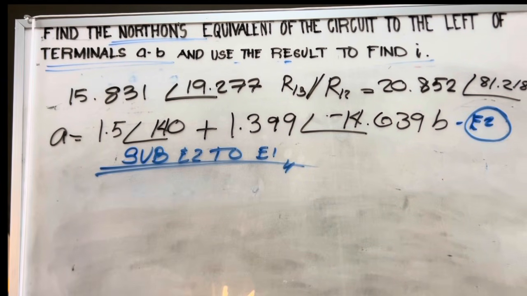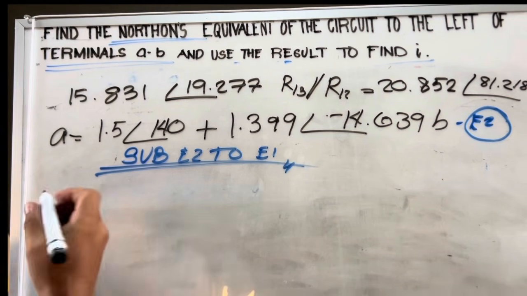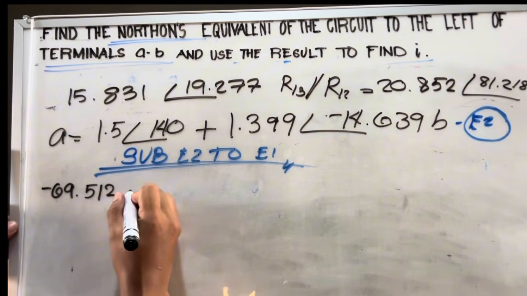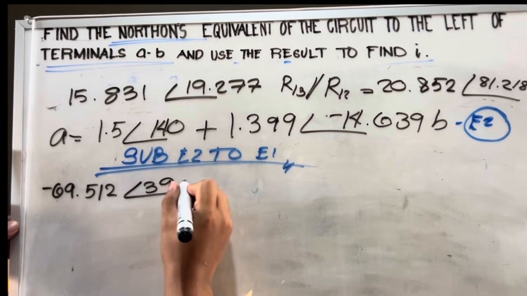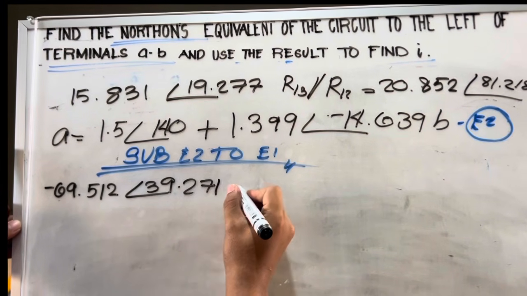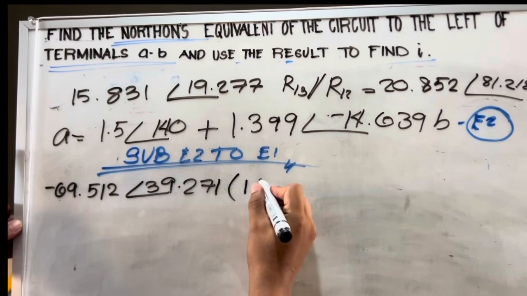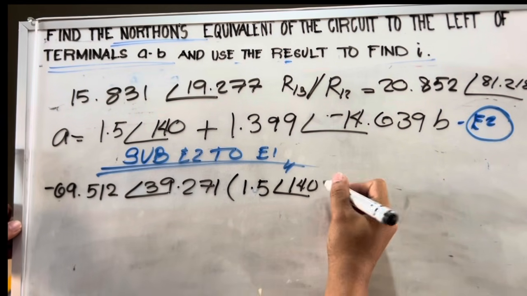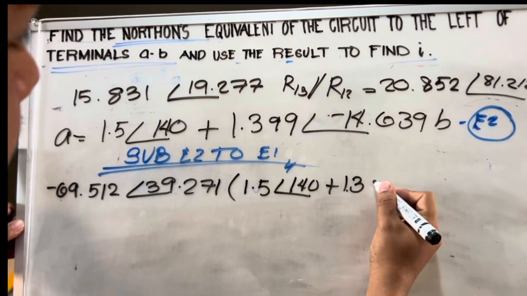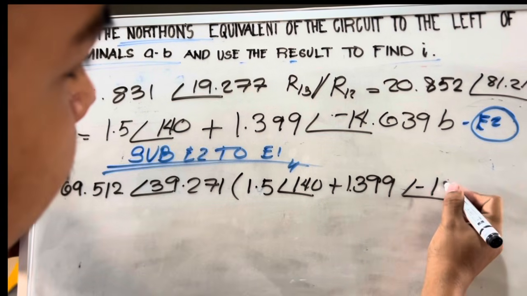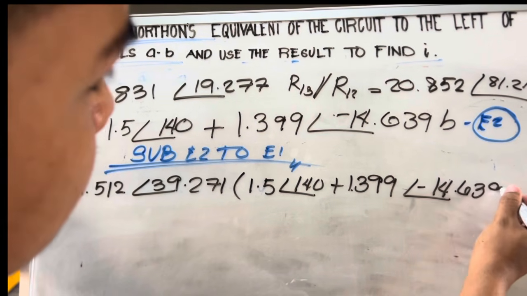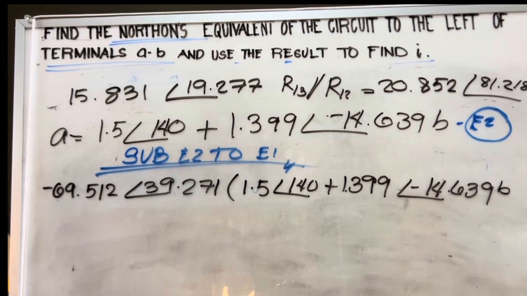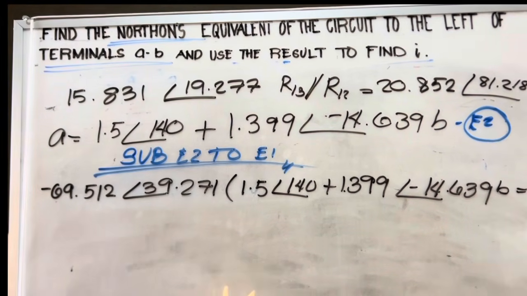In substituting equation 2 to equation 1, we have negative 69.512 angle of 39.271 times 1.5 angle of 140, this one, plus 1.399 angle of negative 14.639 times B is equal to 0.